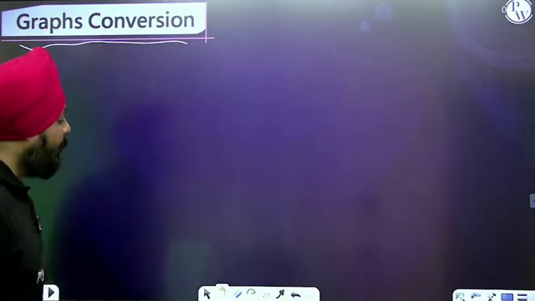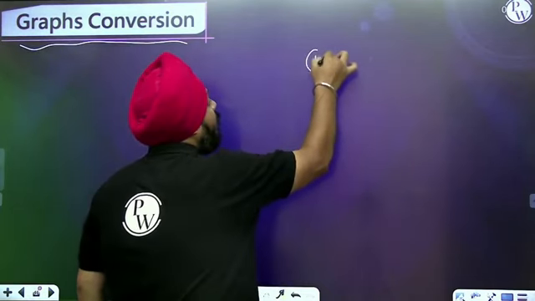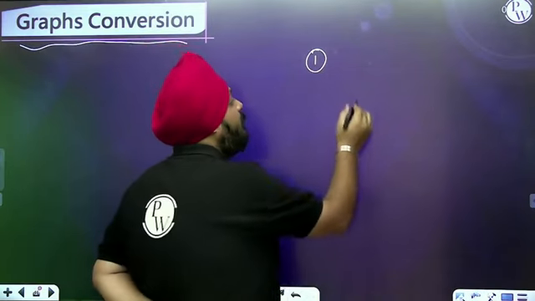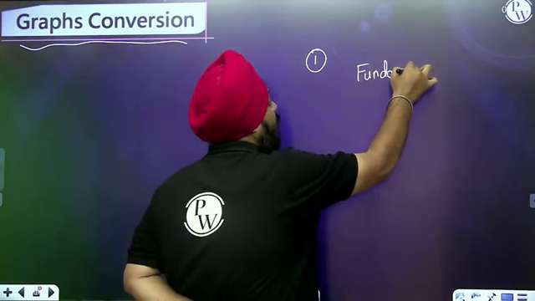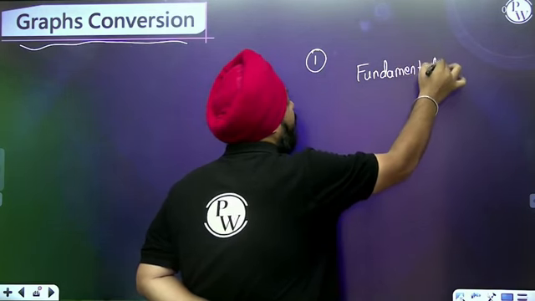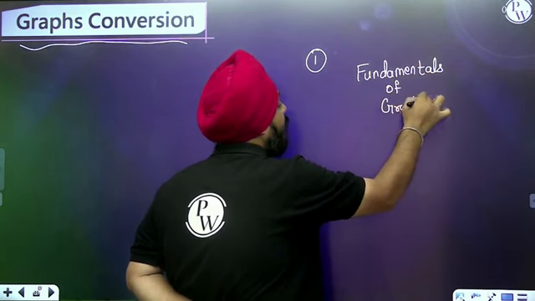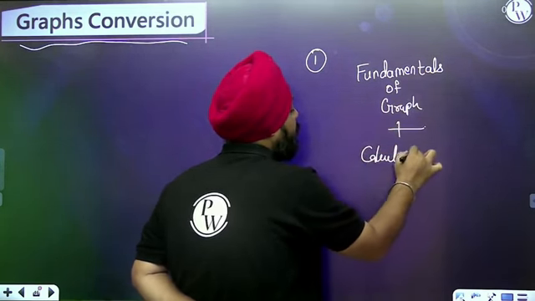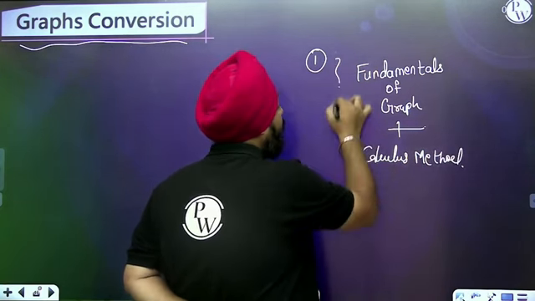Graph conversion. What is the Brahmastra of graph conversion? The Brahmastra of graph conversion is fundamentals of graph plus calculus method, right?